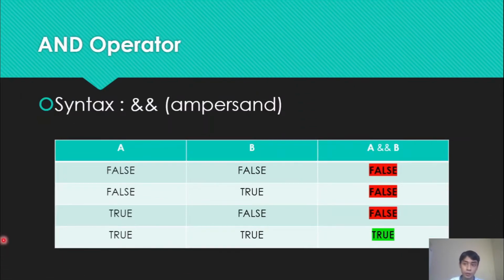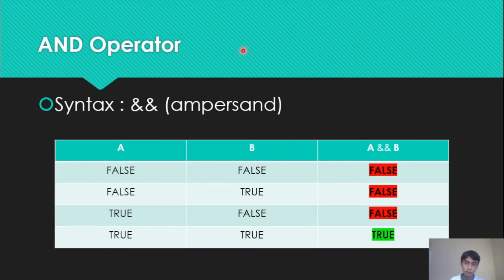Then next up, we have these things called logical operators. For the first example, we're looking at the AND operator. So let's make up an example. Let's say you're a teacher at school and you want to find out which student has the best grade and in what subject. Let's say science.